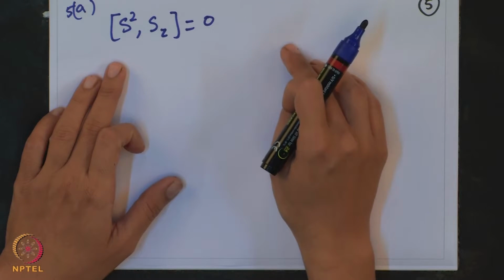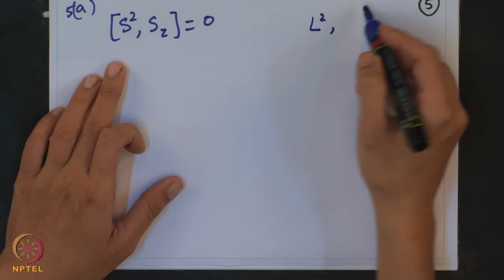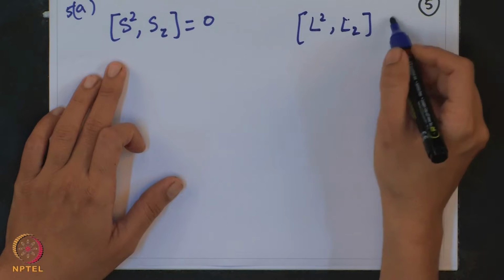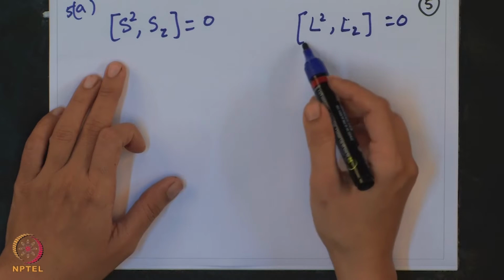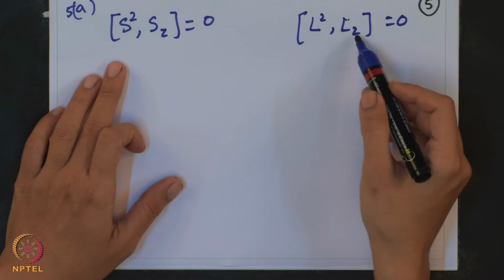Then they form a simultaneous eigenket. You have also seen the same thing for the angular momentum operator: L square and Lz commute, so you can form a simultaneous eigenket for L square and Lz.